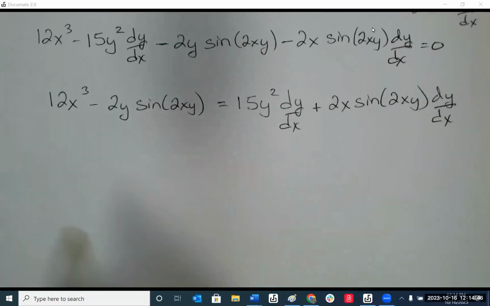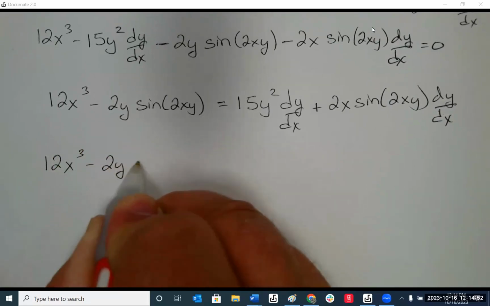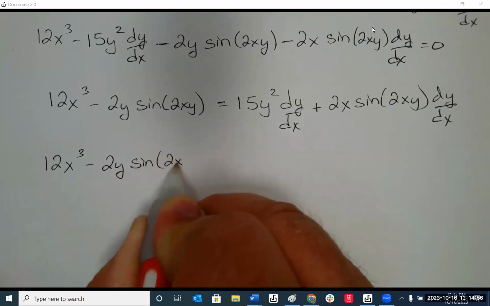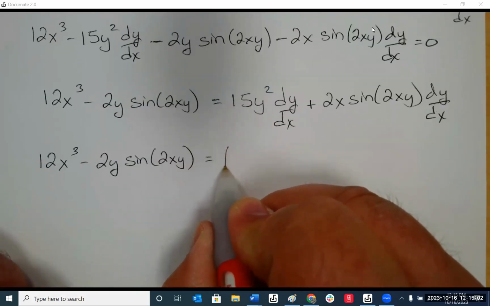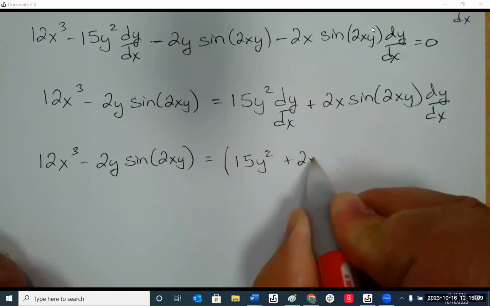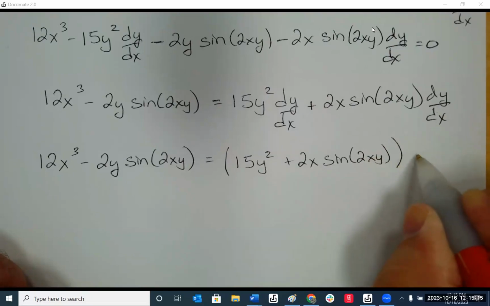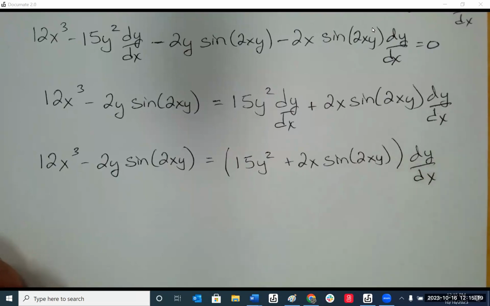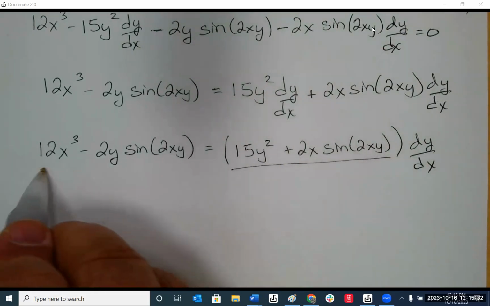Then we just factor out the dy/dx. Then we're going to divide both sides by 15y squared plus 2x sine 2x. Correct.